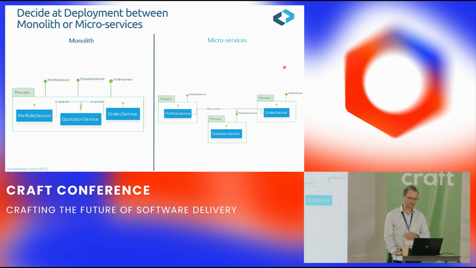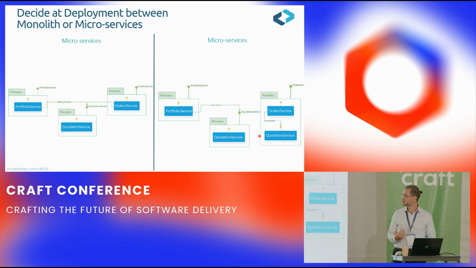So when someone over here makes a call to the order service, the order service will make a REST call to the quotation service. And the demo will basically start from the microservices deployment from here, which is, let's say, the highest distributed level. Each service is hosted in its own process.